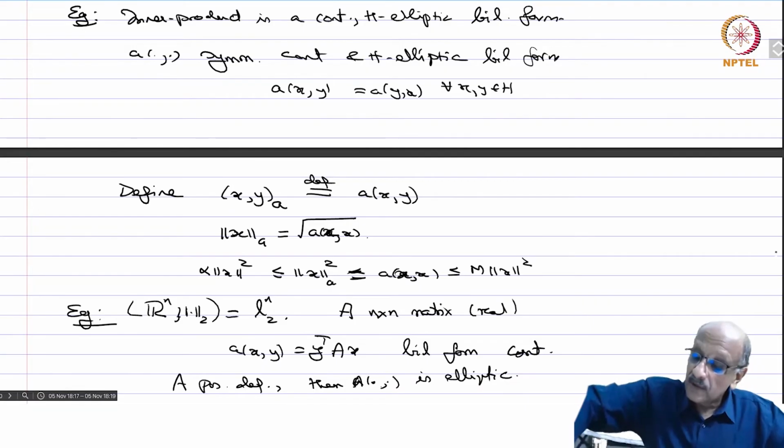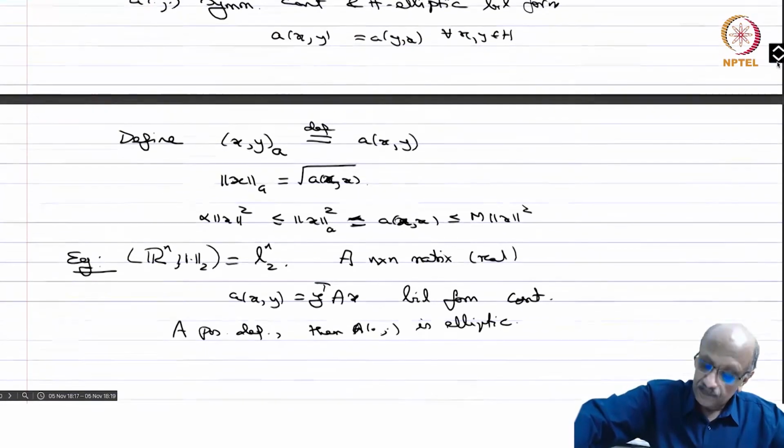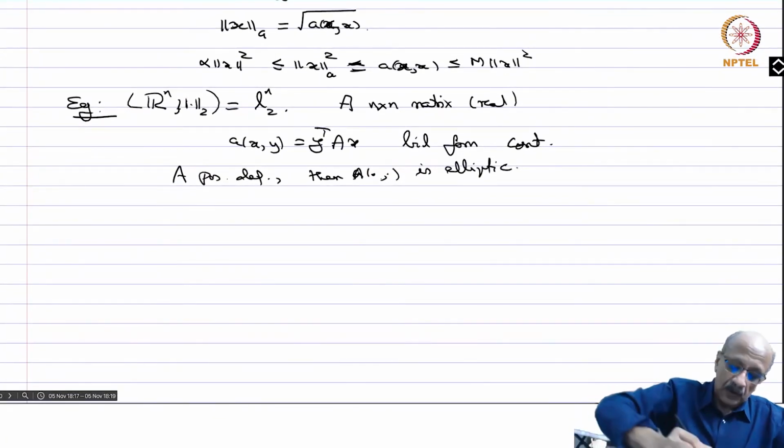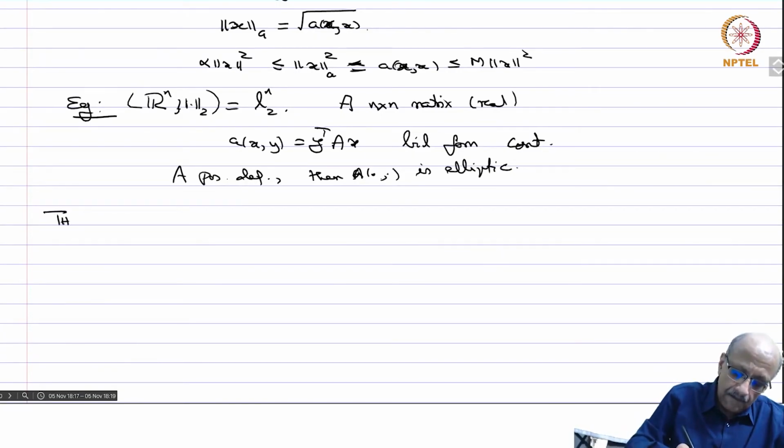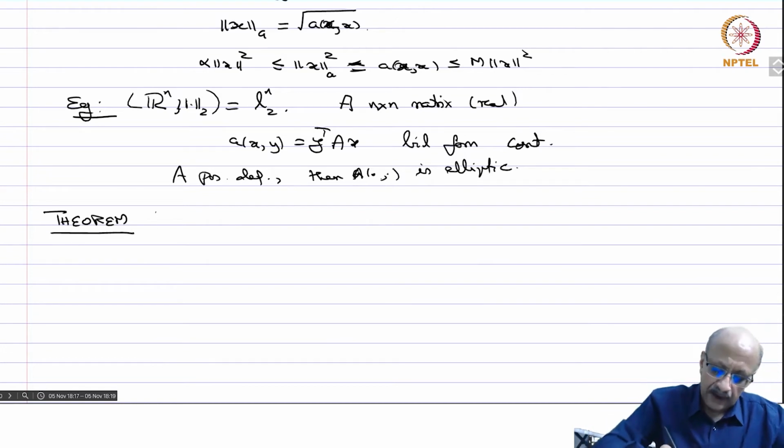Okay, so now let us prove the main theorem in this connection. So theorem, and this is due to Stampacchia.